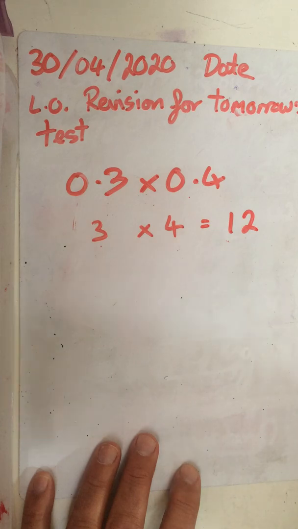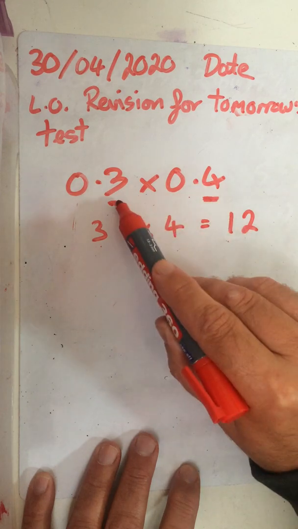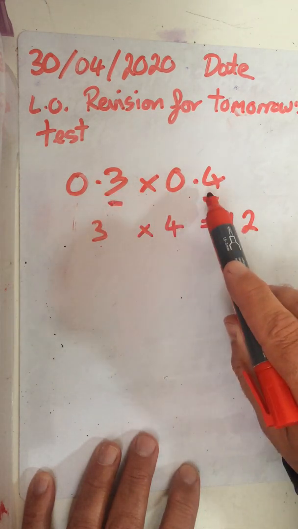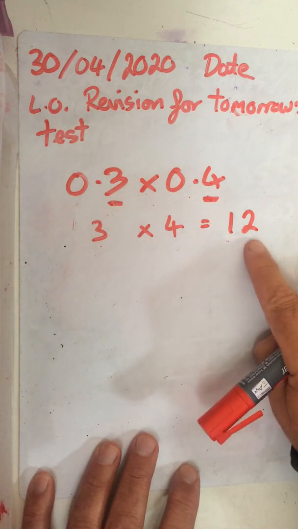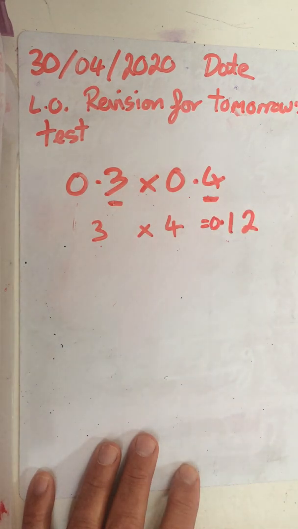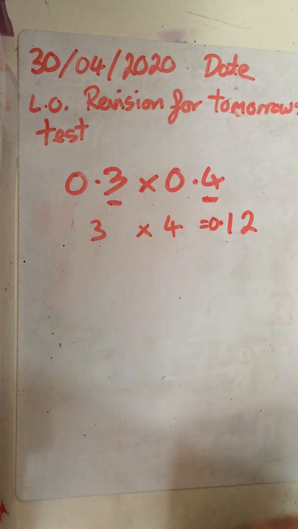Now I look at my question. There are 1, 2 numbers after the decimal point in the question. Therefore, there needs to be 2 numbers after the decimal point in the answer. So that becomes 0.12.